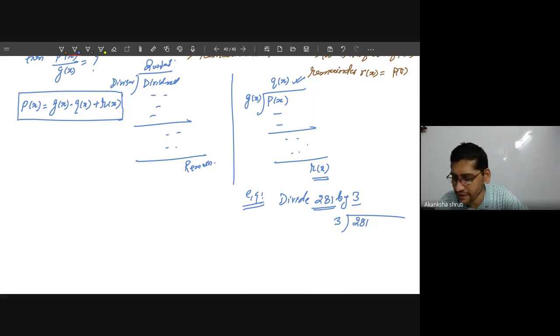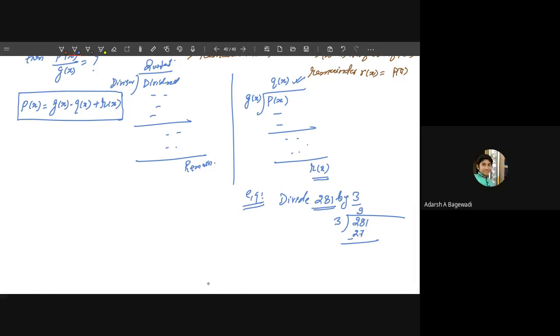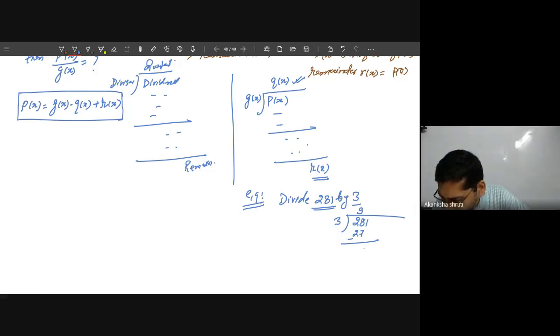Going for the table of 3, we reach 27, which is 9 times, just below 28. Then we take the difference, subtracting 27 from 28, which gives 1.